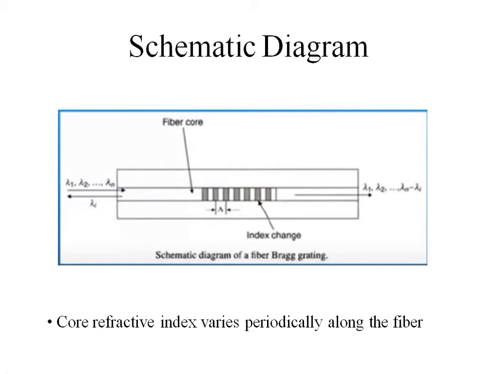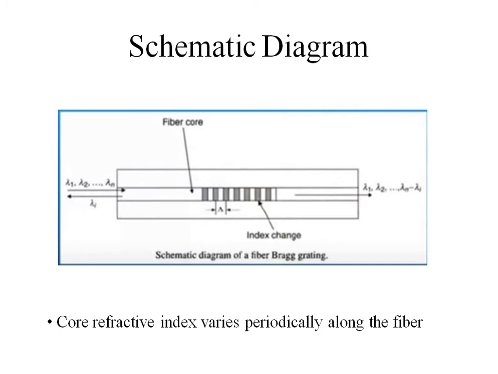Now you can see this is a schematic diagram of a fiber Bragg grating. Simply put, a fiber Bragg grating is a distributed Bragg reflector. This is what a simple FBG looks like. Normal fibers without any grating have uniform refractive index along the length, right?